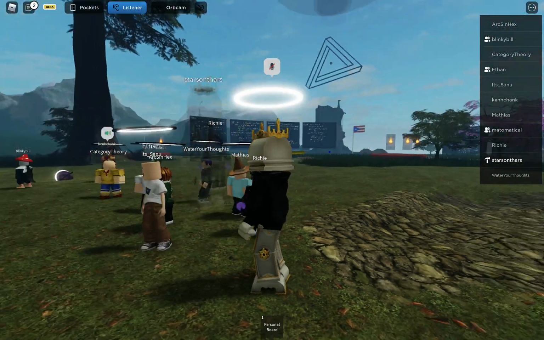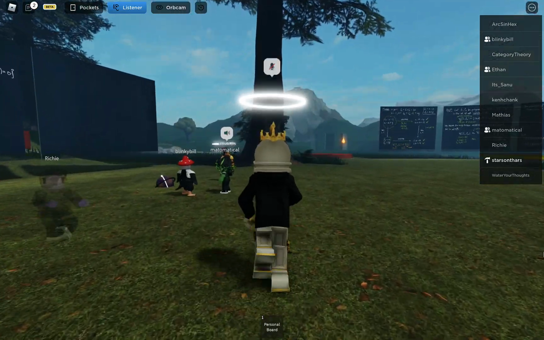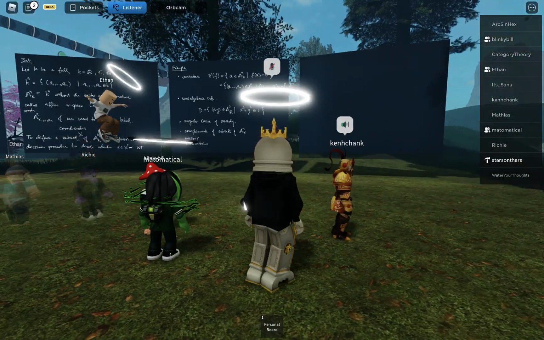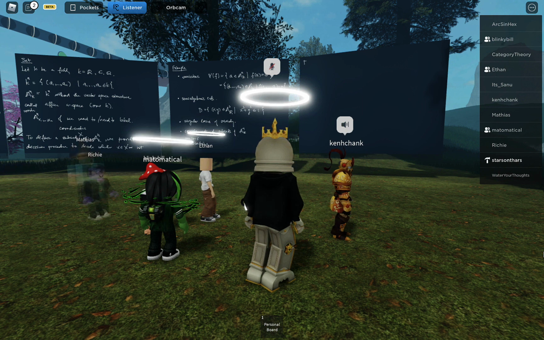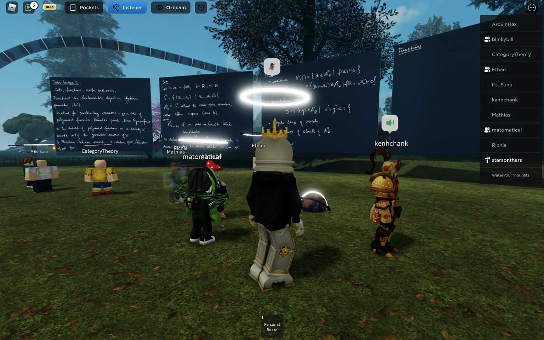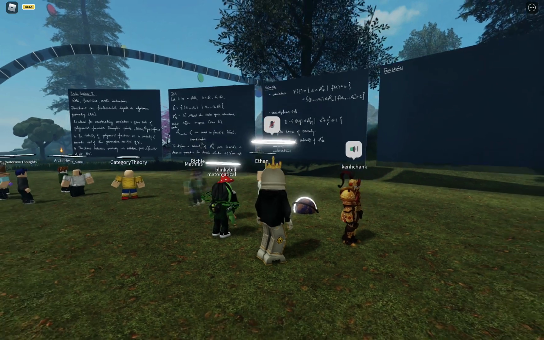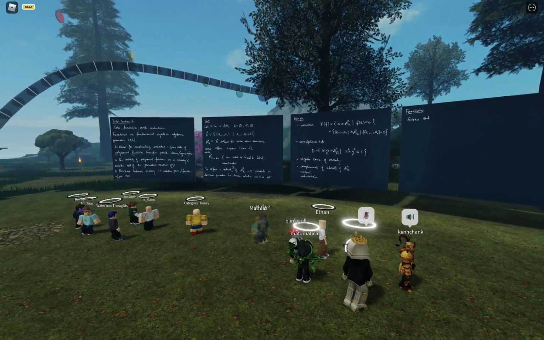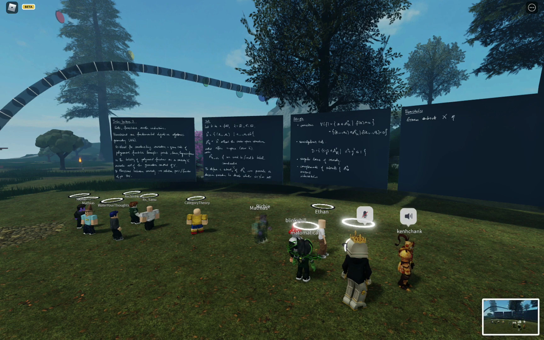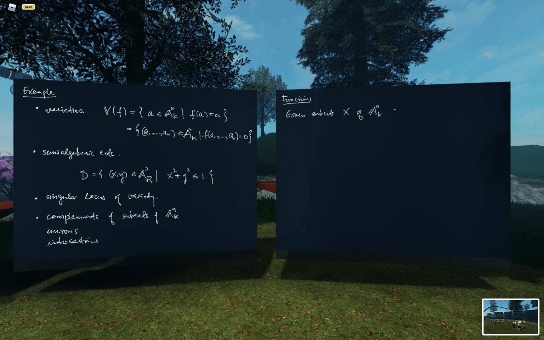Hopefully, I was able to catch that third board. So now I'm on the fourth board, and I can talk a bit about functions. Given subsets X of A^n(K) and Y of A^m(K), and most of the time in this class, this second dimension m is going to be 1.